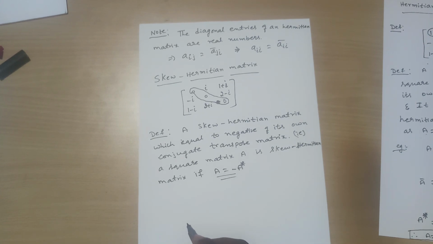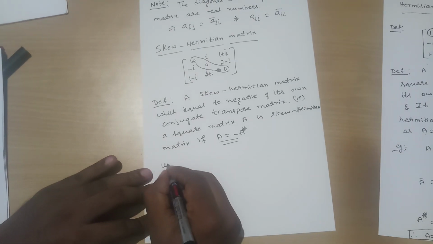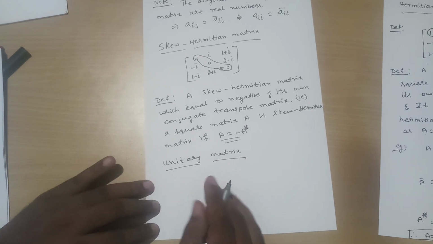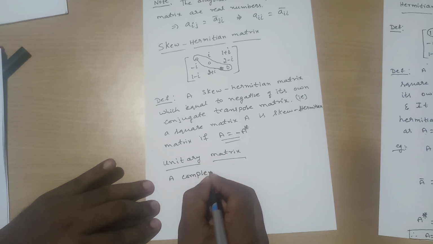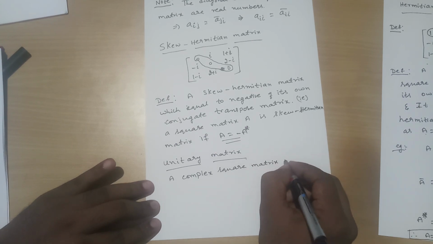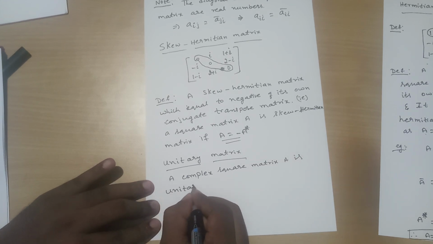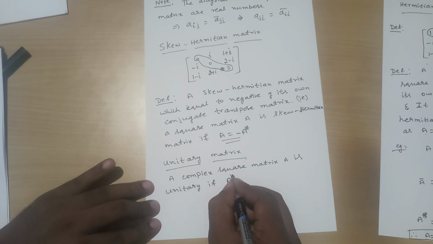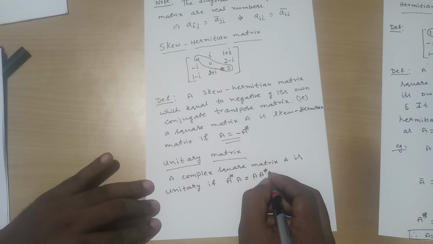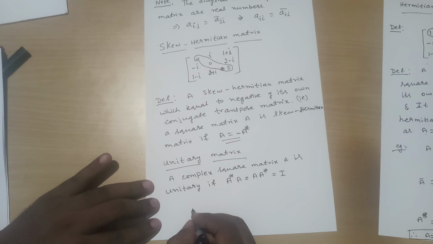Okay, so next here, unitary matrix. A complex square matrix A is unitary if the transpose conjugate matrix into A matrix equals A into A conjugate transpose matrix equals the identity matrix, or A inverse equals the A transpose conjugate matrix.